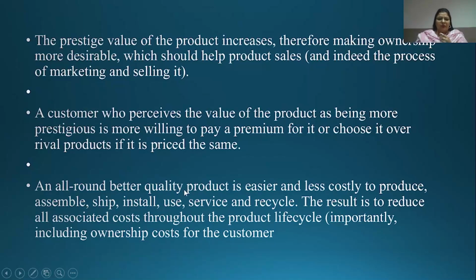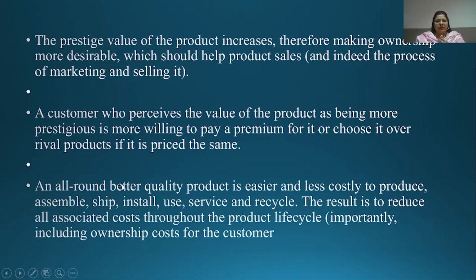And all-round better quality products are easier and less costly to produce, assemble, ship, install, use, service, and recycle. The result is to reduce all associated costs throughout the product life cycle.